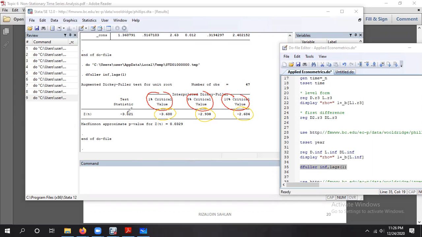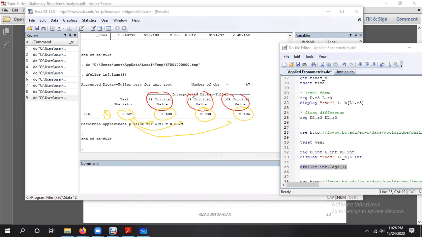This is the test statistic, referred to the theta, the tau statistic. And then of course we need to compare this one to this one, depending on which significance level we want to choose.